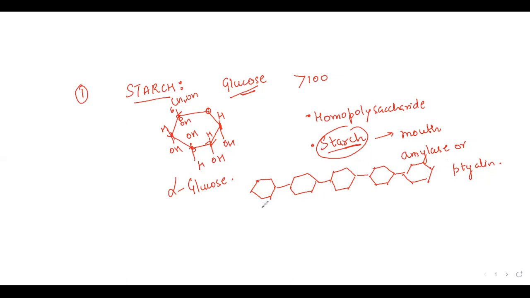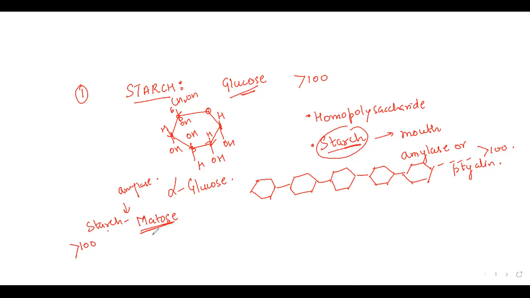For example, this is a linear chain of starch, and more than 100 units will be here. Now, when amylase acts upon the starch chain, the starch will first break down into maltose.